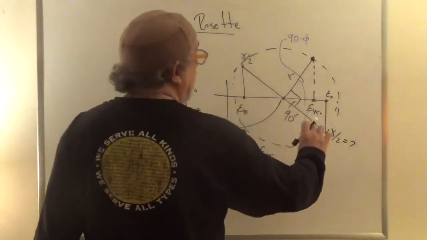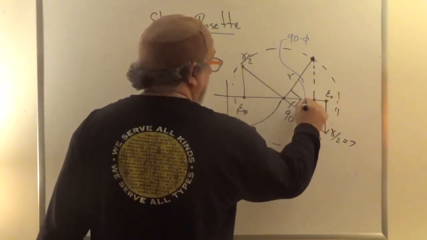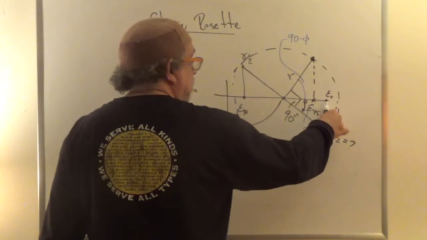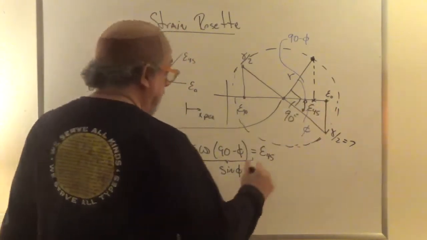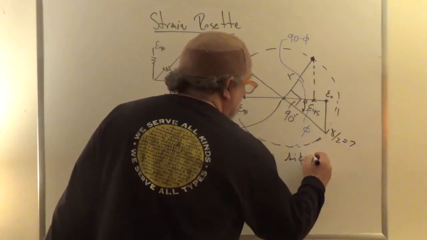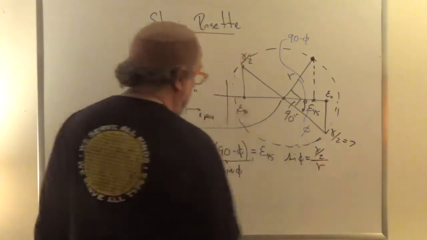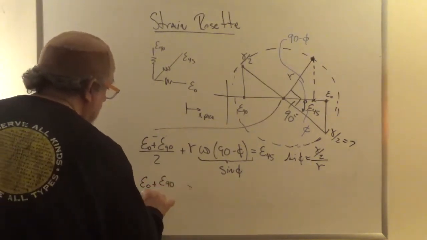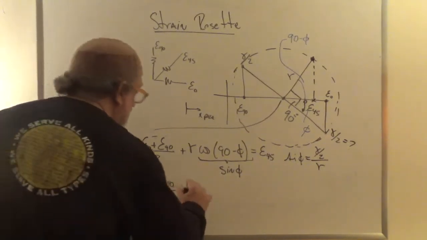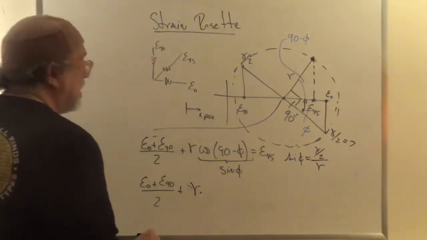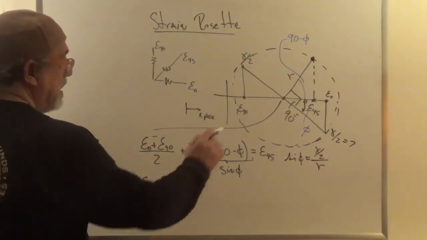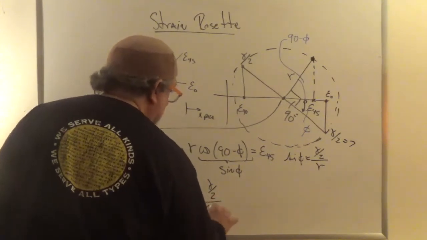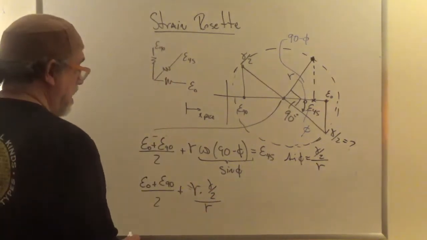And if you look at the angle phi, which is this one, this is phi, right? The sine of phi is equal to gamma over 2 divided by the radius, right? So sine of phi is gamma over 2 divided by the radius. And so we get E0 plus E90 over 2 plus R times the sine of phi, which is gamma over 2 divided by R. Wait a minute.